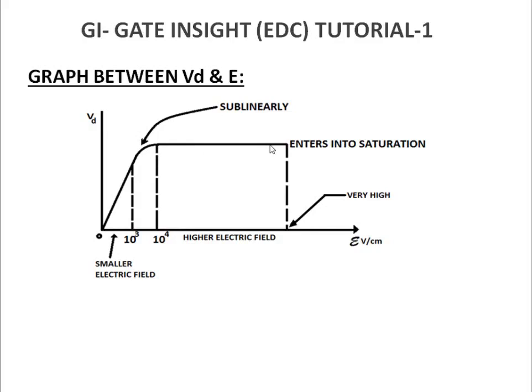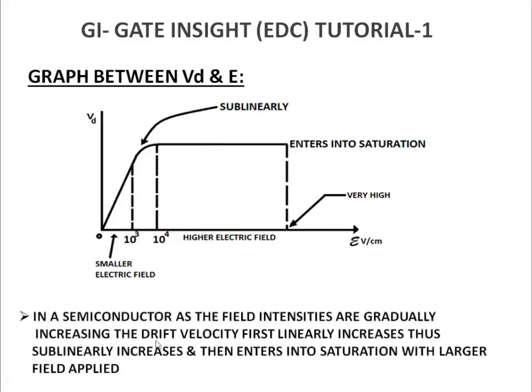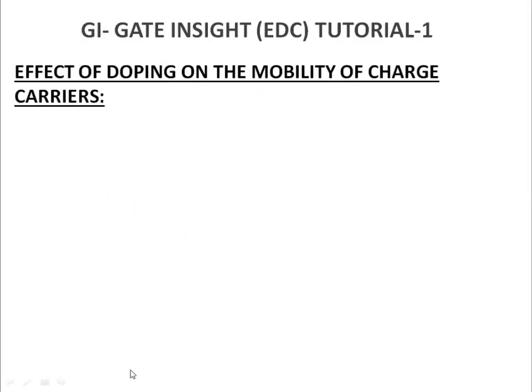As I've told you, the electric field is increasing and the mobility is decreasing, so there is a constant Vd. After that, Vd enters into saturation. So we can see through the graph, first linear, then sublinear, then it becomes constant and enters into saturation at very high electric fields. So in a semiconductor, as the field intensities are gradually increasing, the drift velocity first linearly increases, then sublinearly increases, and then enters into saturation with larger field applied.